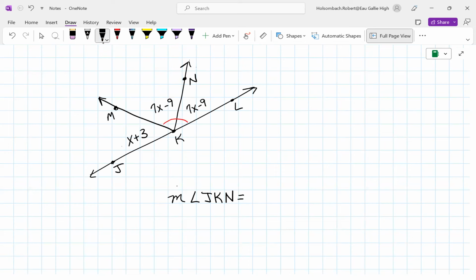Now, in our notes yesterday, we said that opposite rays form a straight line. And what's the angle measure of a straight line? 180. So that means that all of these angles up top, these three angles that we have expressions for, they all sum to 180 degrees.